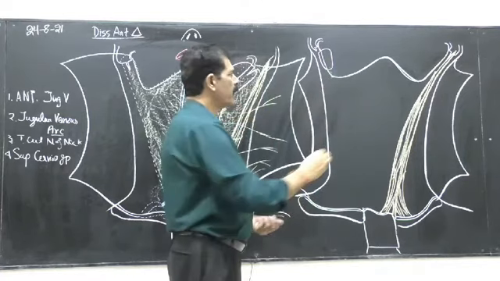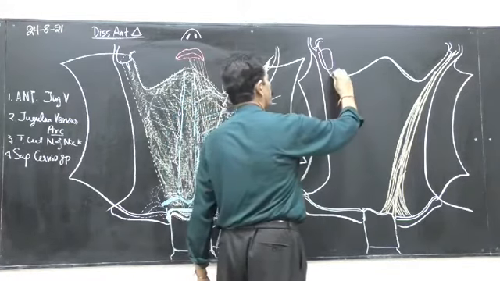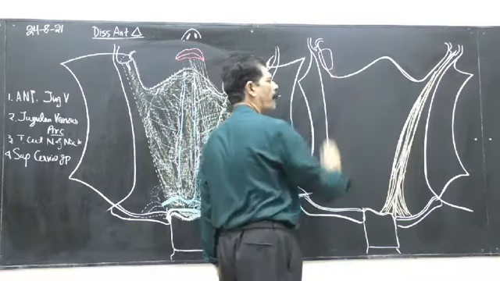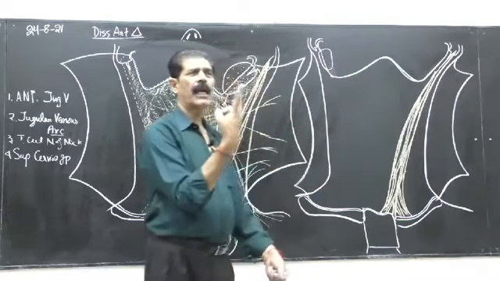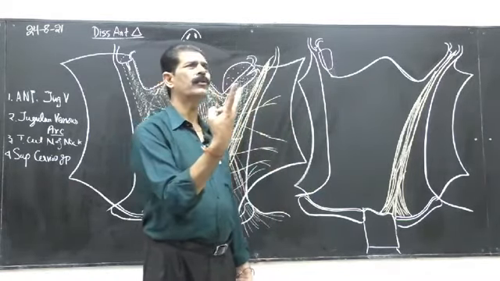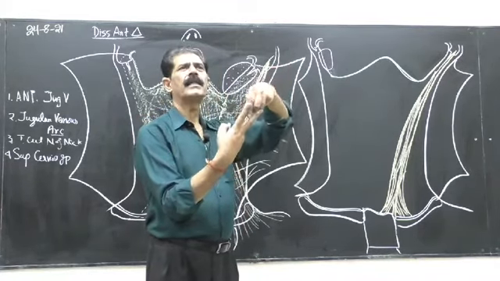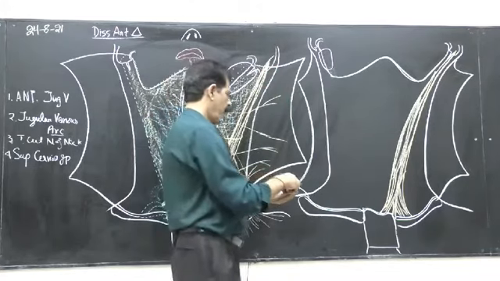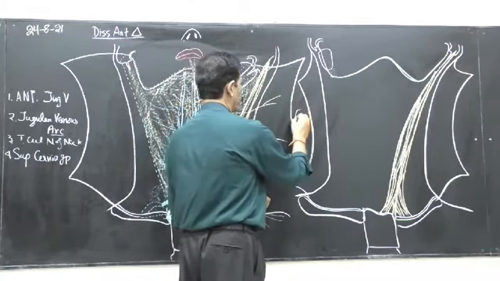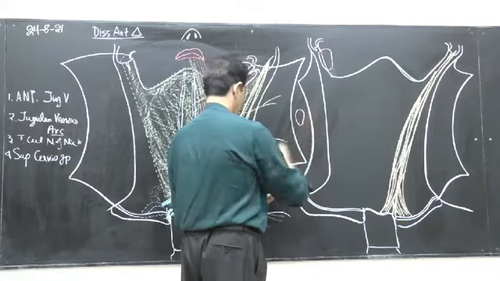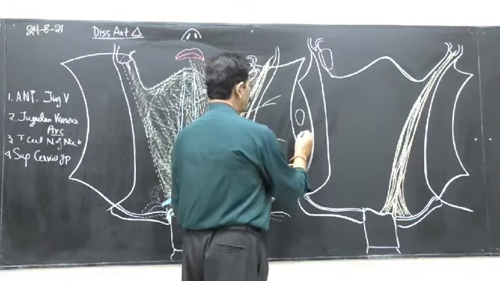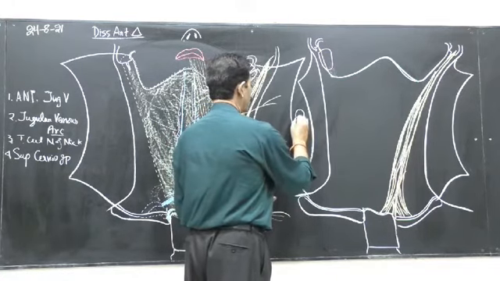So the deep fascia from the angle of the mandible goes upward over the apex of the parotid gland. And here this deep fascia splits into two laminae, two layers, to invest the parotid gland in it. So this is the parotid gland. So the deep fascia comes and it goes into an anterior layer and a posterior layer.